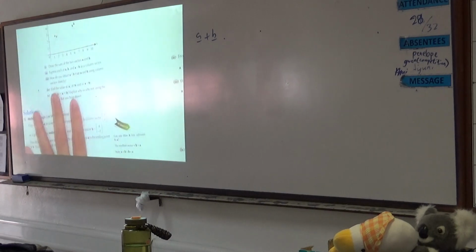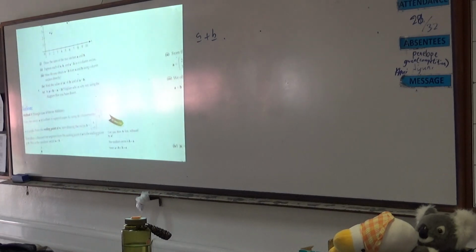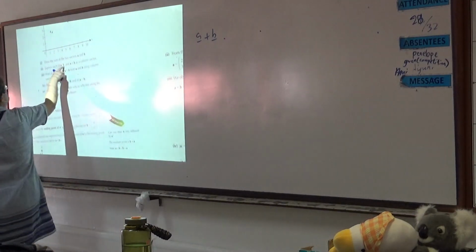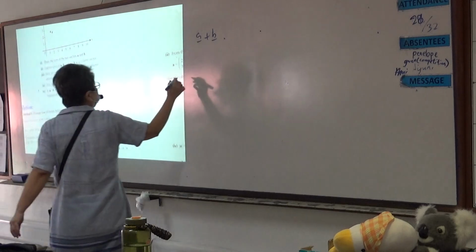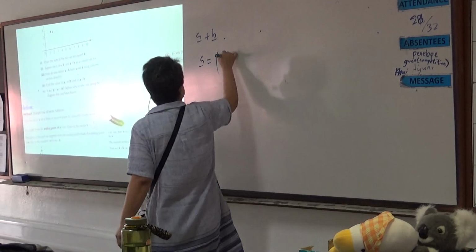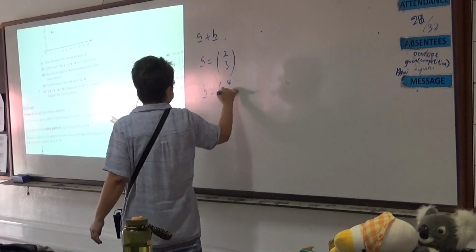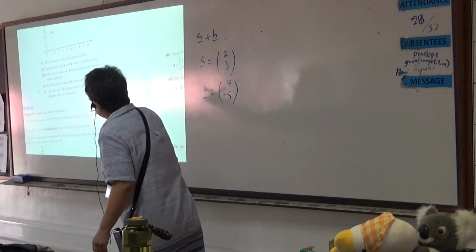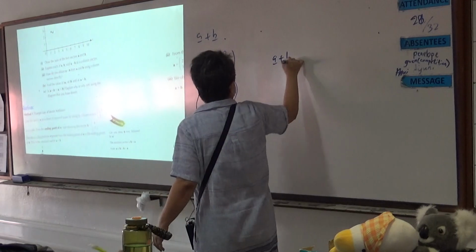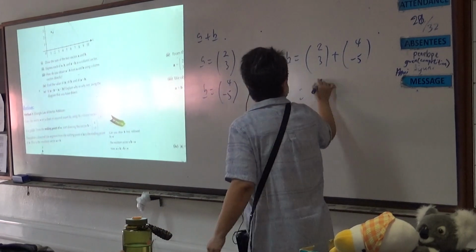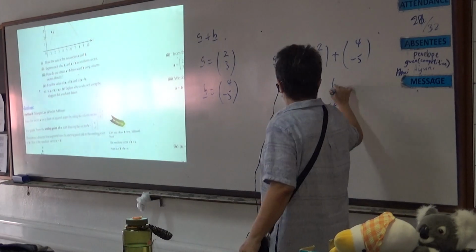Now, let's take a look at part B, or part 2. What did they say? Express AB and A plus B as a column vector. Just now we found A is 2, 3. What is B? Just now I cannot remember. 4 and negative 5. So, what is A plus B? 6, negative 2, right?